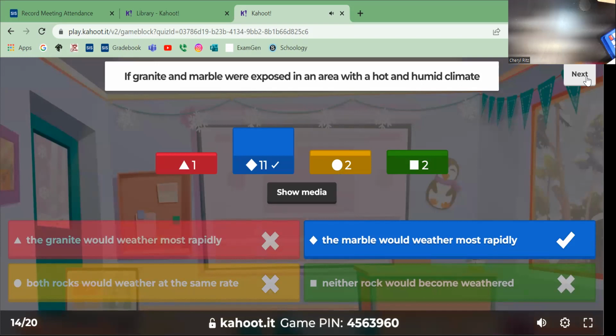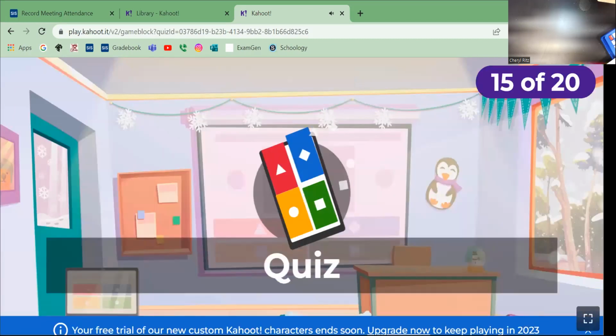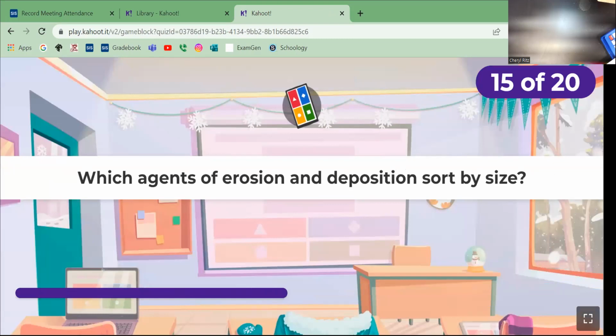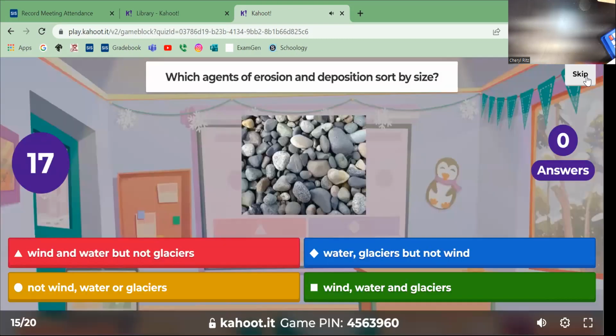Why? Marble is made out of calcite. Granite is made up of a whole bunch of very strong minerals like quartz and feldspars. All right, five more questions. Which agents of erosion and deposition sort by size?